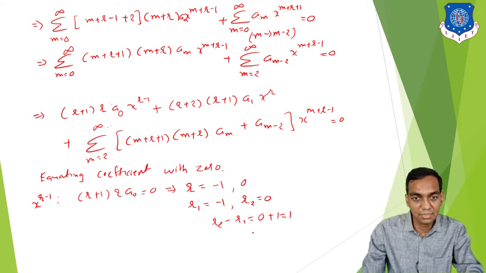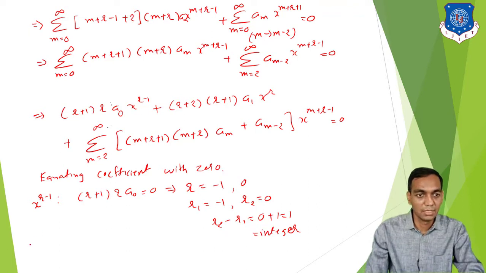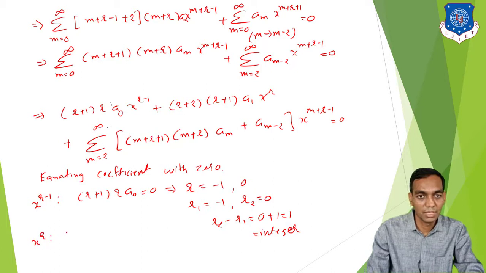This is an integer, and since it is an integer, you have to apply the case of integer. Now you compare the coefficient of x^r. That is (r+2)(r+1) a1 = 0.